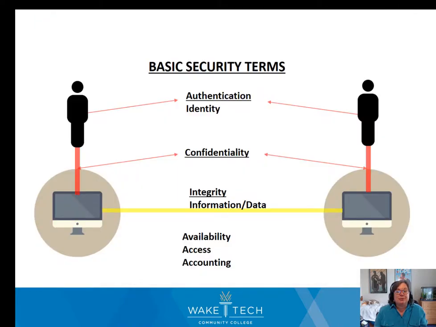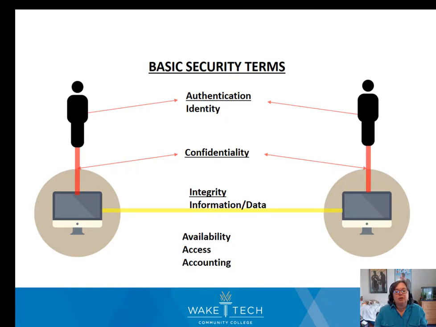Basic security terms, we have a few acronyms we have to deal with, and one is CIA and AAA. CIA is confidentiality, integrity, and availability, which are listed oddly on this slide. So basically, authentication is proving who you are. That's the identity.